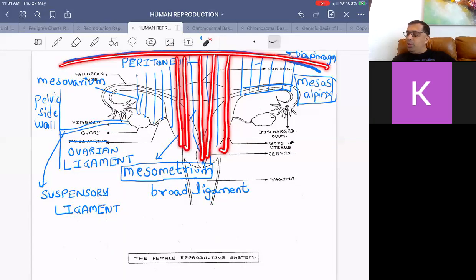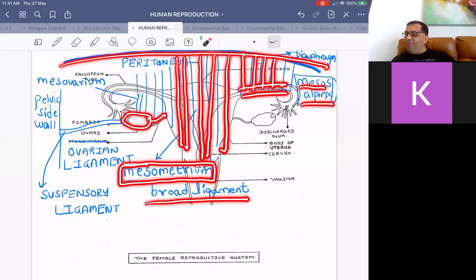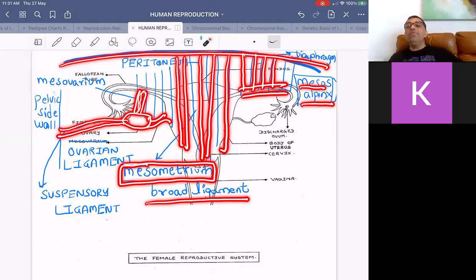Peritoneum covers the uterus to form the mesometrium or the broad ligament, supports the fallopian tube by forming the mesosalpinx, and supports the ovary by forming the ovarian ligament and suspensory ligament, and on the backside the mesovarium, through which blood vessels and nerves enter into the ovary.